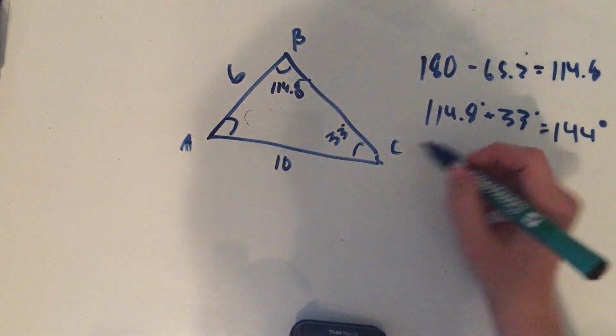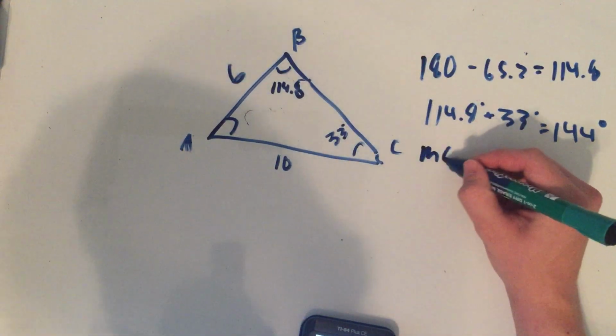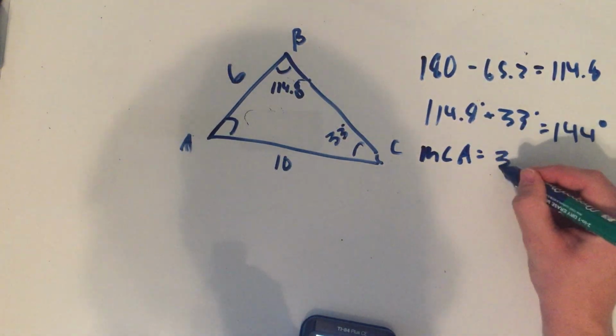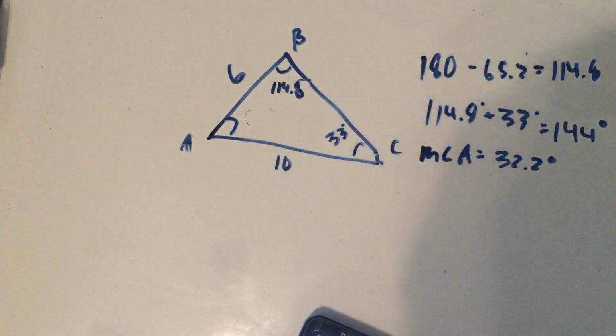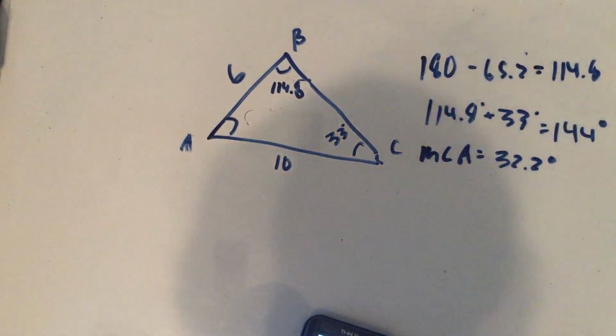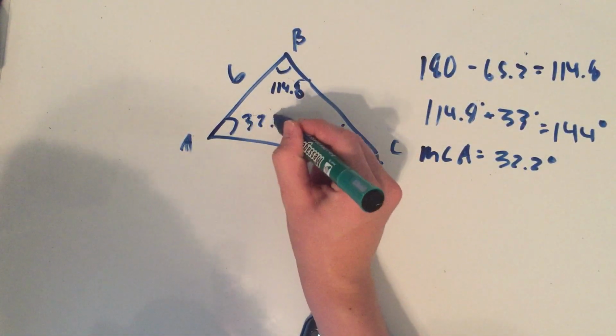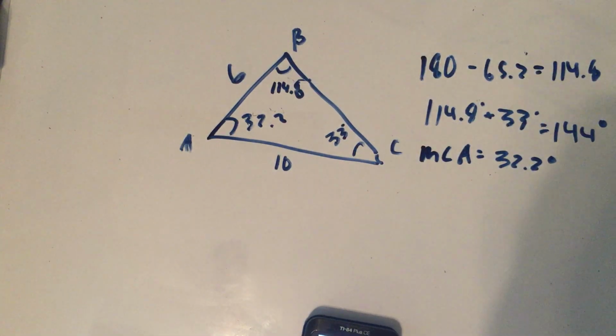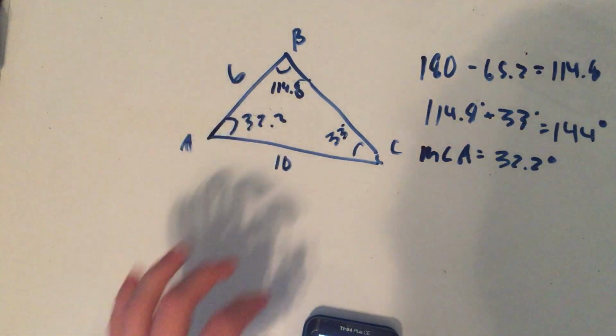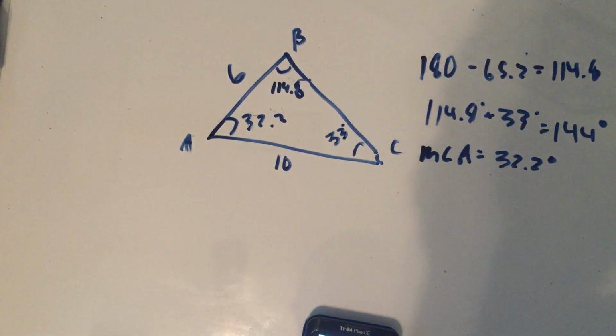We're given that the measure of angle A is equal to 32.2 degrees, because the supplementary angle of B made it possible for the triangle to still have a sum of 180 degrees.